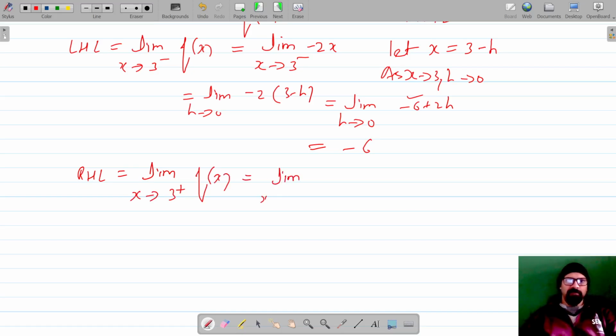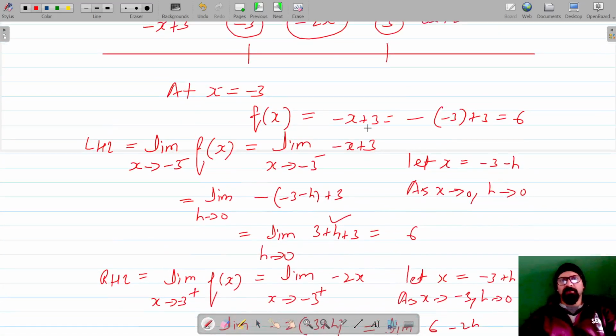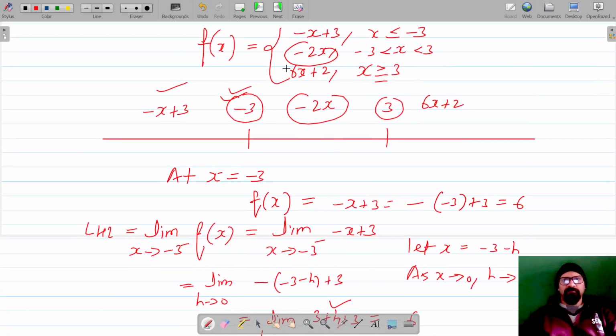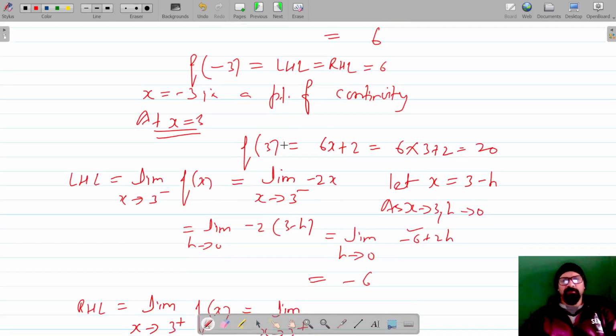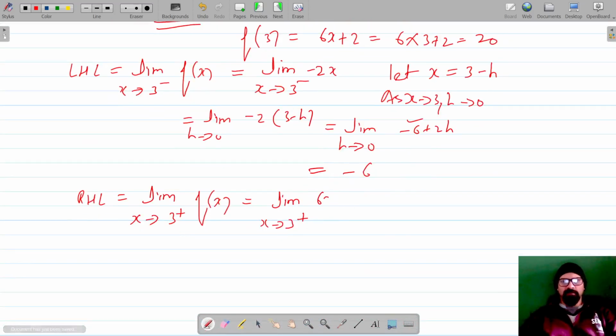Let me show you how to find out the right-hand limit for the function. When the value of x is greater than 3, the value of the function is defined as 6x plus 2. Let x be a small value greater than 3, and as x tends to 3, h tends to 0.